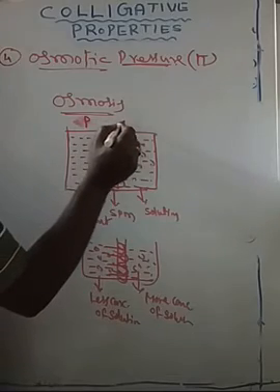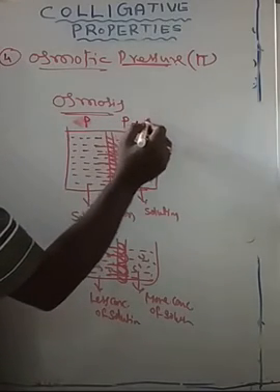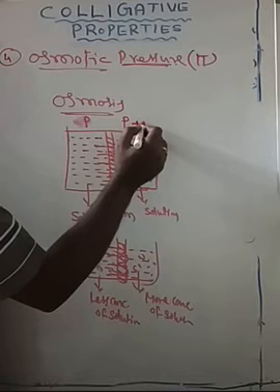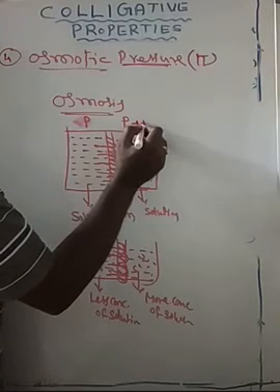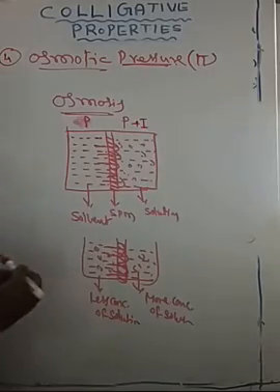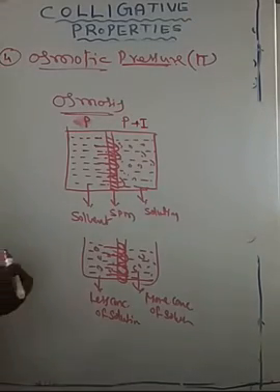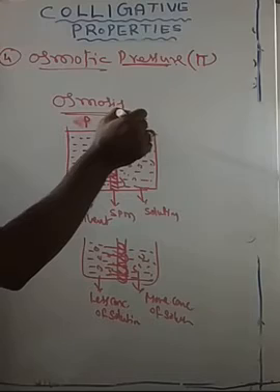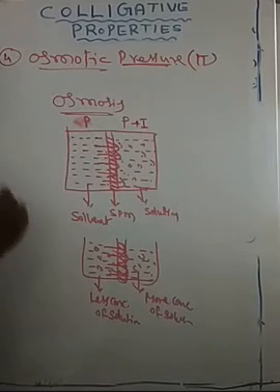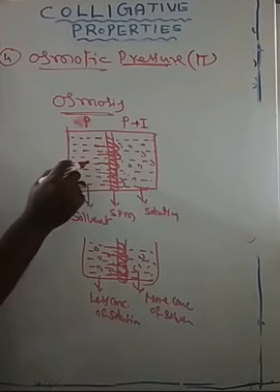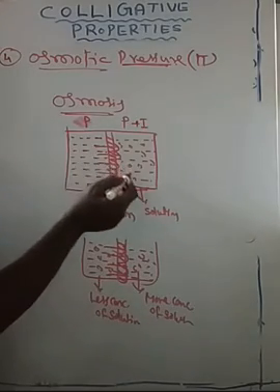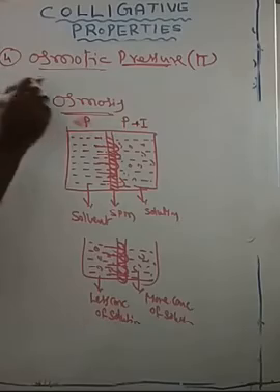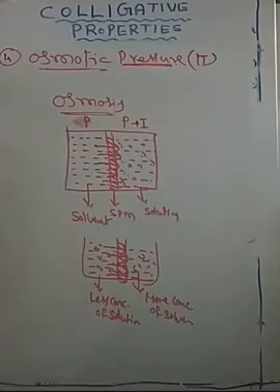Now the pressure is P plus some high pressure. What happens here? Applying pressure on the solution resists the flow of solvent molecules into the solution through a semi-permeable membrane. This is called the osmotic pressure.